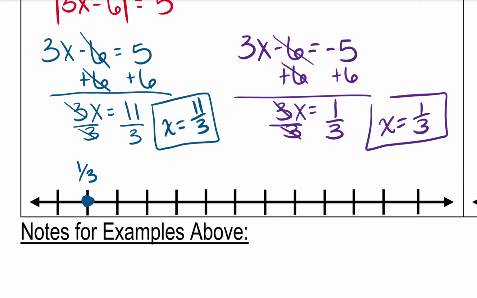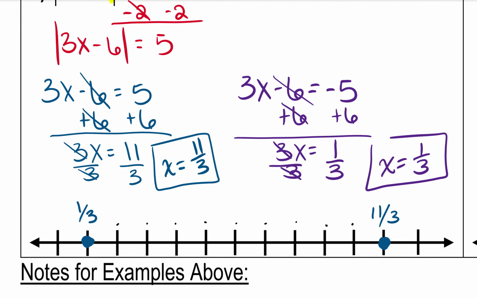Then from there, I can do 2/3, 3, 4, 5, 6, 7, 8, 9, 10, which would make this other one 11. Because I have two separate points, I don't have an inequality sign. There's no range, so those would be my 2 points on the line, and that's it. I don't connect them, I don't draw arrows, nothing. That's my full answer: my 2 numbers and my 2 points on the line. That's it.